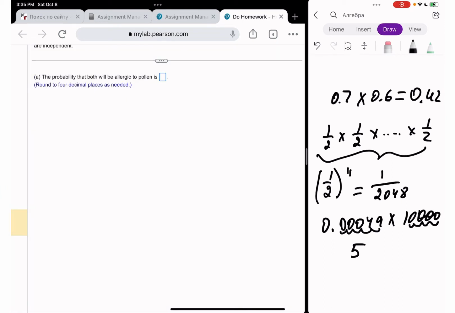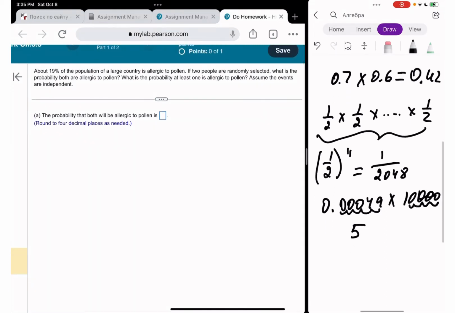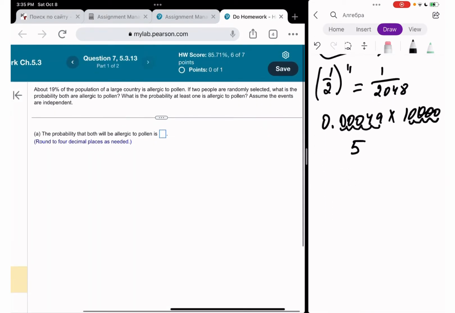Question number 7. Let's see what we have here. About 19% of population of a large county is allergic to pollen. Okay, 19% allergic to pollen. Next, if 2 people are randomly selected, what's the probability that both are allergic to pollen?